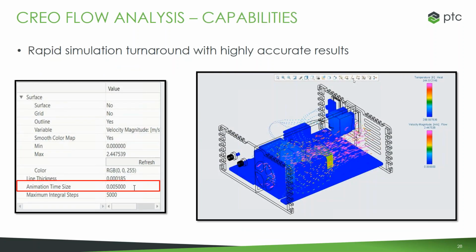And it has rapid simulation turnaround with highly accurate results and a lot of different ways to view those results. So here we're showing temperature across the surface as well as streamlines for airflow. So you have a lot of different options in how you want to visualize that data to make sure that you can really utilize the information that you're getting from it.